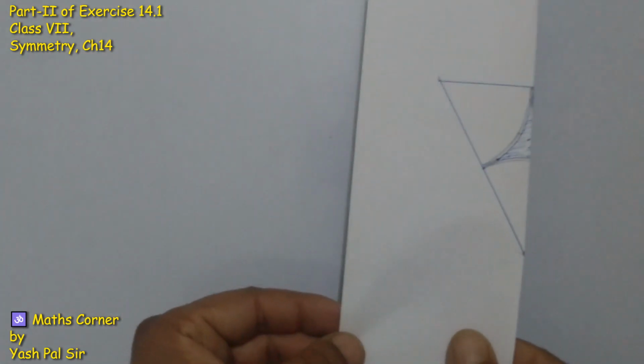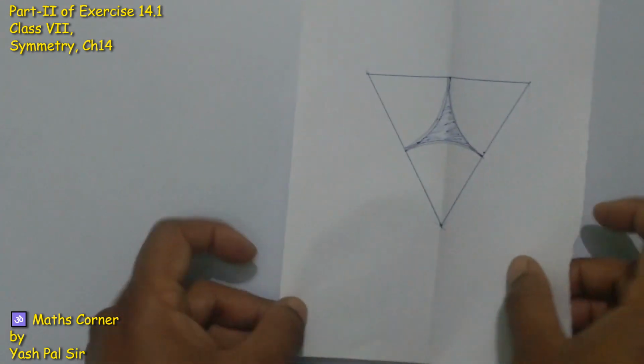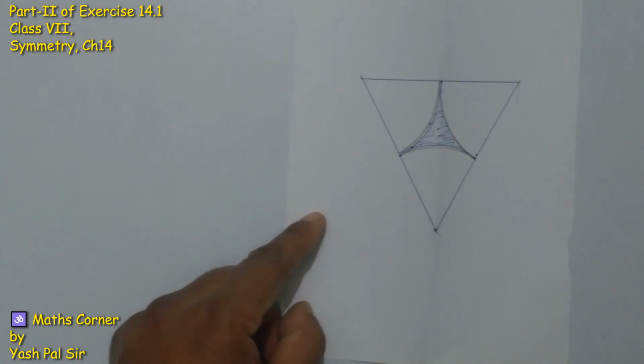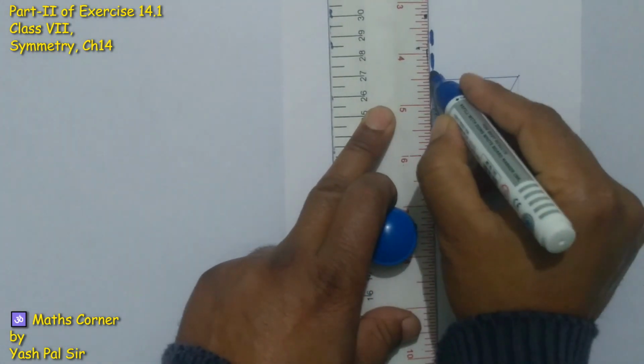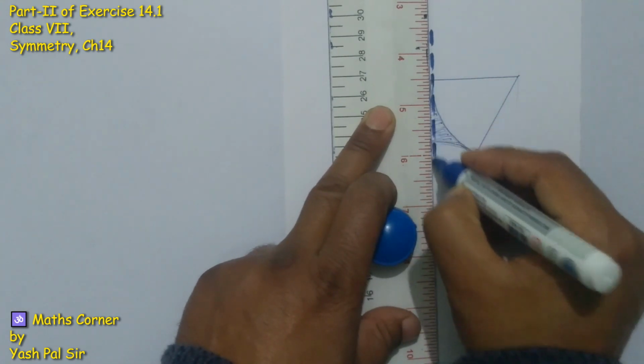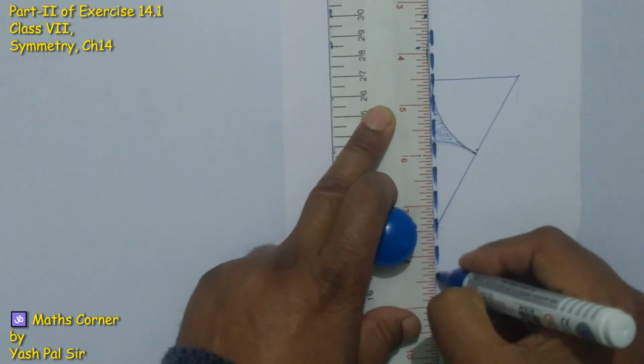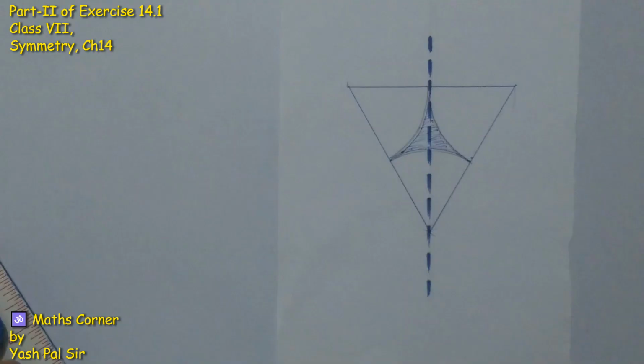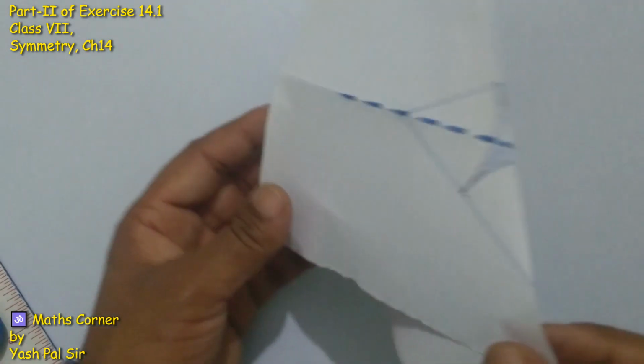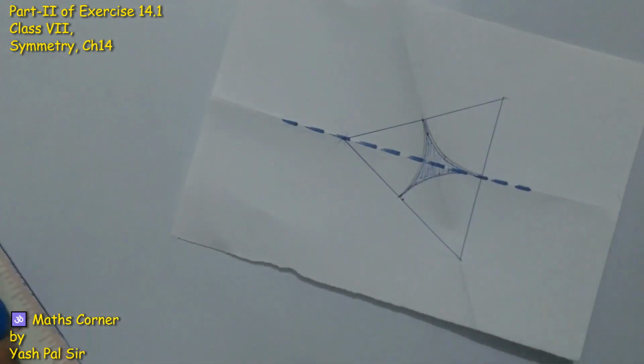This is the first fold, so first line of symmetry. Similarly, second fold, so second line of symmetry.